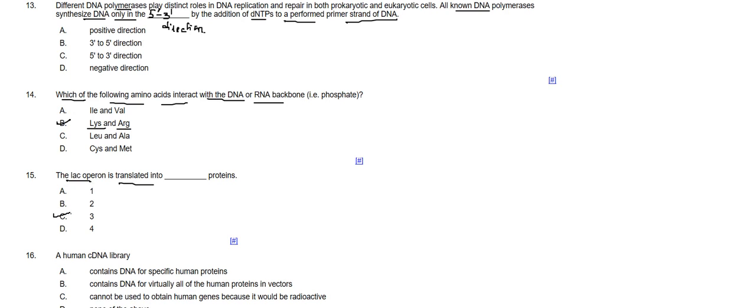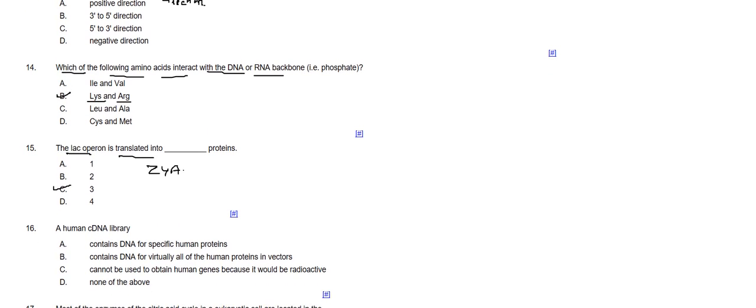If you remember Z, Y, A, so 3 proteins have been produced. Number 16 is a human cDNA library. It contains what? So a human cDNA library contains DNA for virtually all of the human proteins and vectors. Okay, it contains DNA for virtually all of the human proteins and vectors.